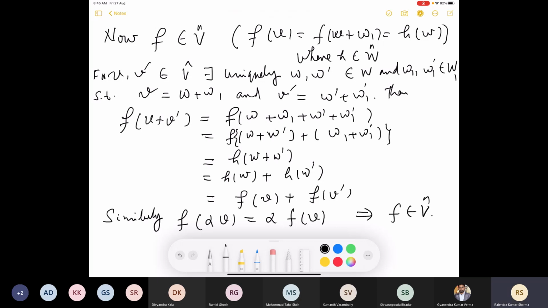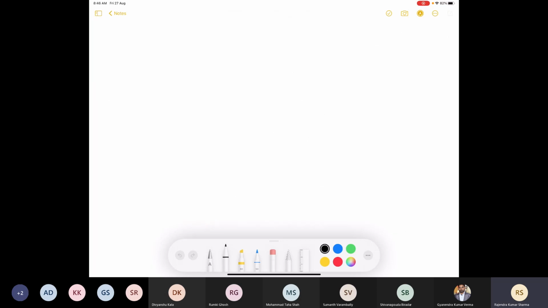And the way we have defined it, h therefore becomes T of f. This is the restriction of f on W. So what we get is that T from V hat onto W hat is a homomorphism.